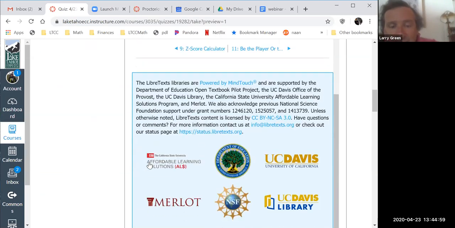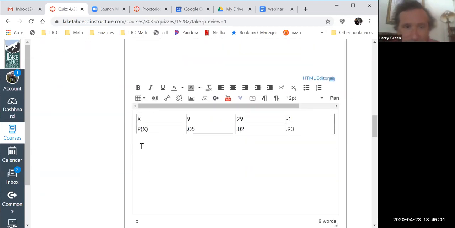Okay, then let's write that down. Expected value was 0.1. Now I'm going to use 2 decimals. Why do I want to use 2 decimals? There's a reason.